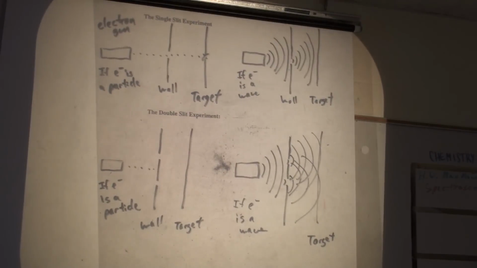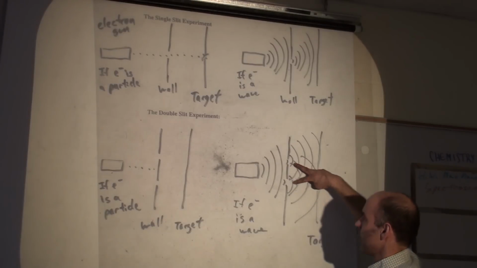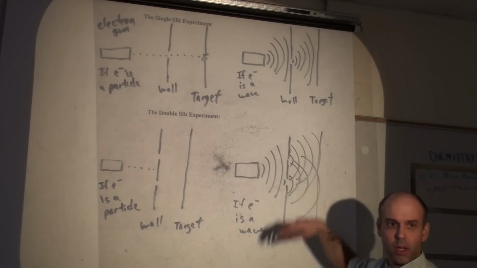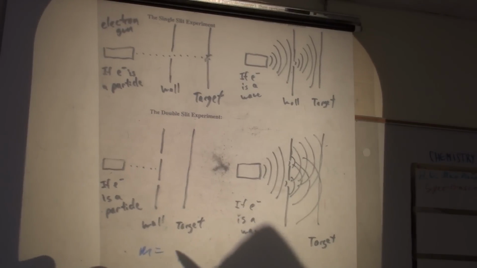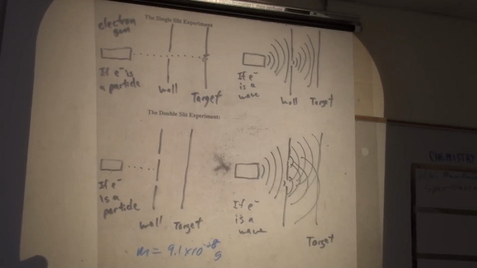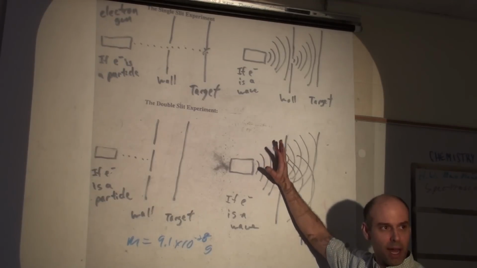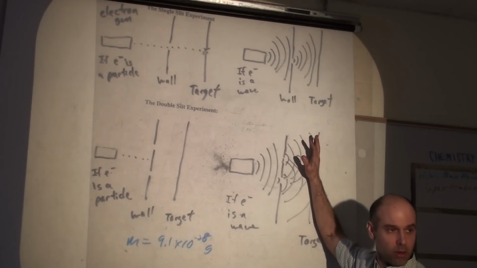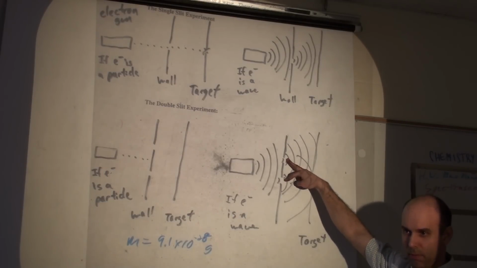But this is troublesome because if the electron is behaving like a wave, how does it go through both openings simultaneously? Because it's got mass, right? How does something that has mass spread out? How does something that has mass go through 2 openings at the same time?